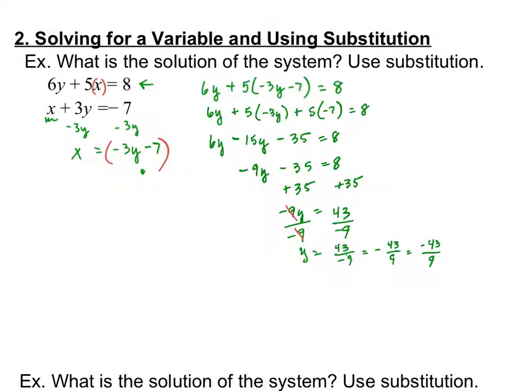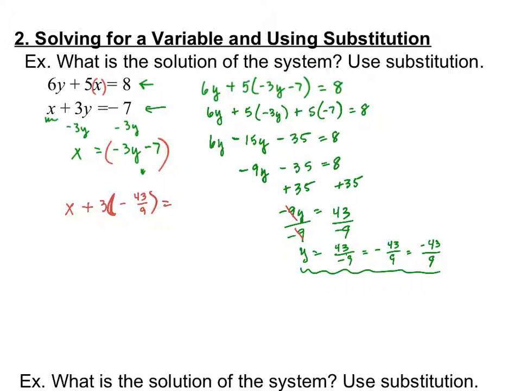And now that we have the value of y, we are able to go ahead and substitute it back into one of our equations to get the value of x. What I can do is take this equation right here, and I'm going to have x plus 3 times the new value of y, which is negative 43 over 9, equals 7.